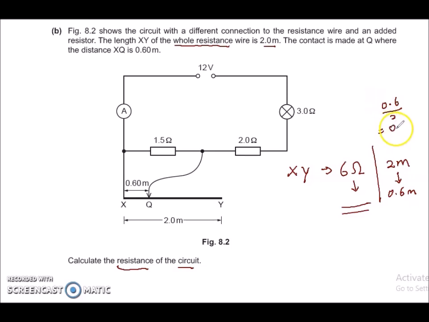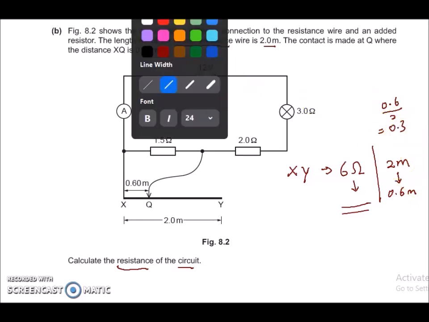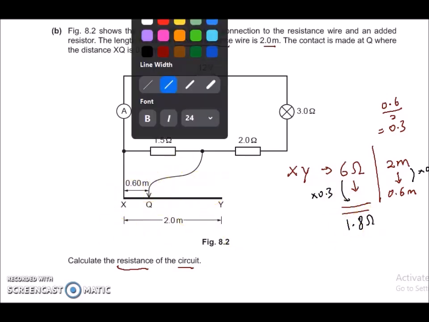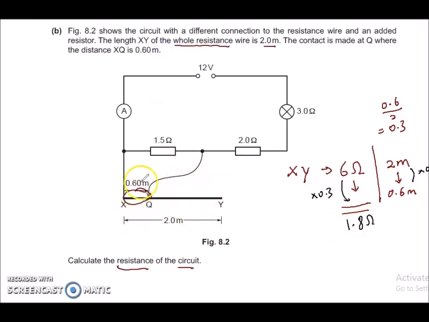Okay, so 0.3. So you have to multiply over here this part. Multiply 0.3. So here the same thing, you have to multiply with 0.3. How much are you getting there? 6 times 0.3. You are getting there 1.8 ohm. So the resistance over here is 1.8 ohm.